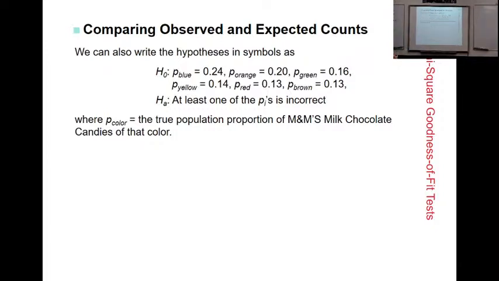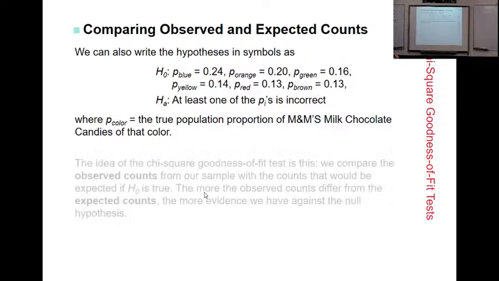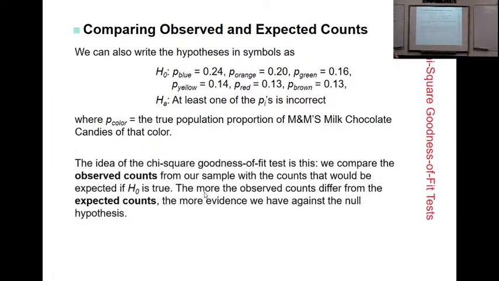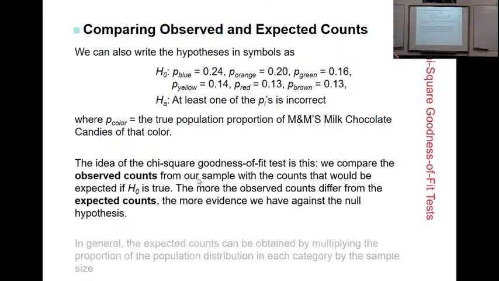Observed is the values that we actually observed, the data points that we actually get out in the sample. That is as opposed to expected. Expected counts are what we would expect from the null hypothesis being true. So we'll take a look at how to get those expected counts in just a moment.